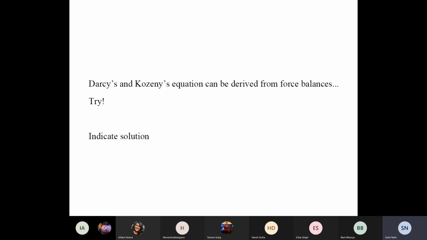So see if you can work out all the forces that are acting on the fluid in the packed bed of unit cross-sectional area and length L, and how the pressure drop is going to balance that drag force essentially. That's what I would enjoin you to try and work out now, and I shall indicate it to you, and we can then further develop the solution. There are so many developments you can do, not all of which I want to cover.